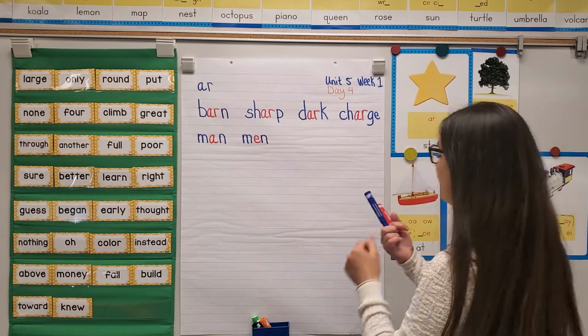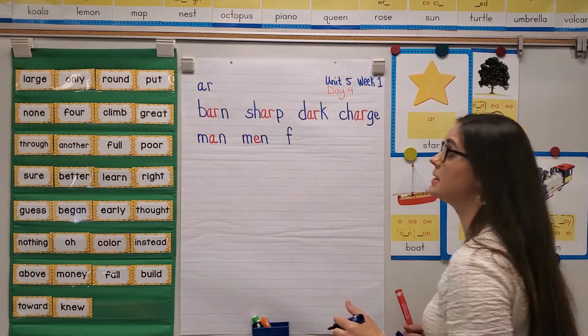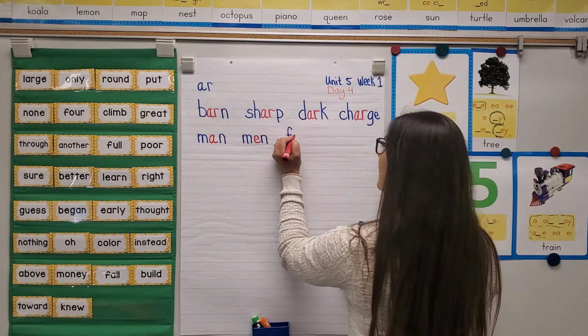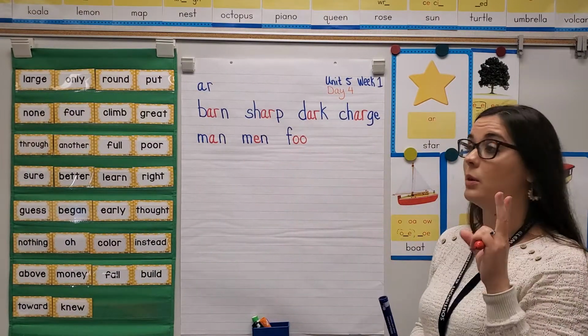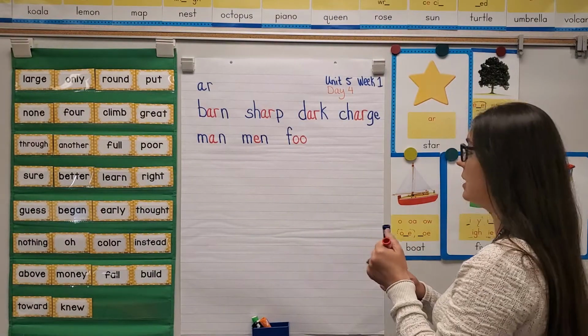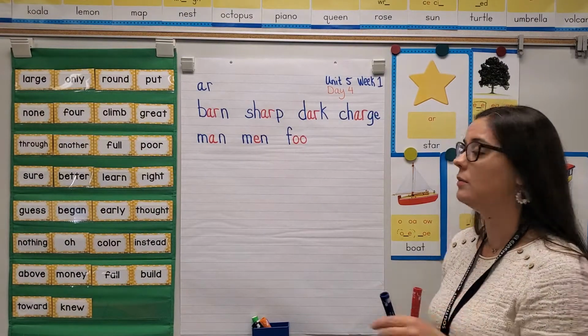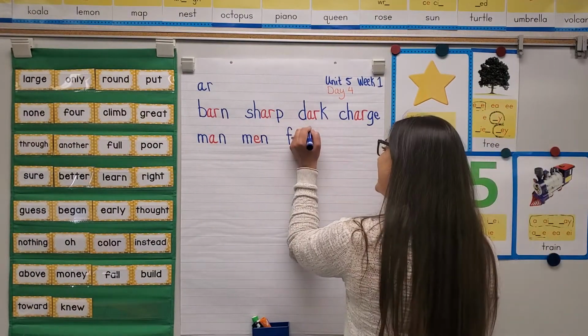Ta, foot, foot. This word foot uses the book card, the double O. And then just like on the book card, they work together and they say not ooh, sorry.